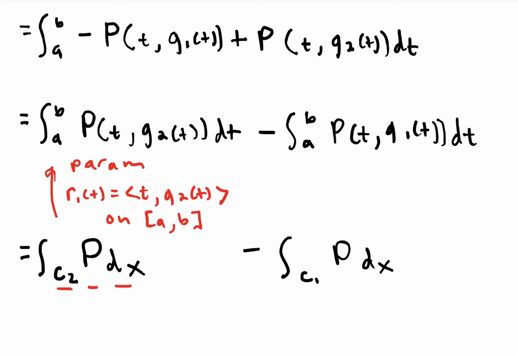Now, again, y'all are used to kind of going backwards here. If I had started down at the bottom and I wanted to fix my bounds, we have to steal the interval from the parameterization. If I want to fix my function, I have to plug my parameterization into it.